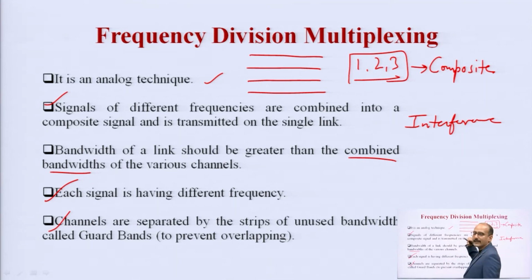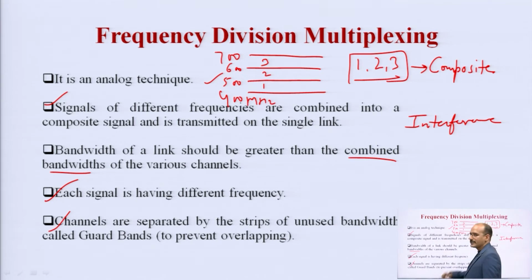If it is a 300 megahertz signal situated between 400 megahertz and 700 megahertz, we use 400 to 500 megahertz for user 1, 500 to 600 megahertz for user 2 and 600 to 700 for user 3.